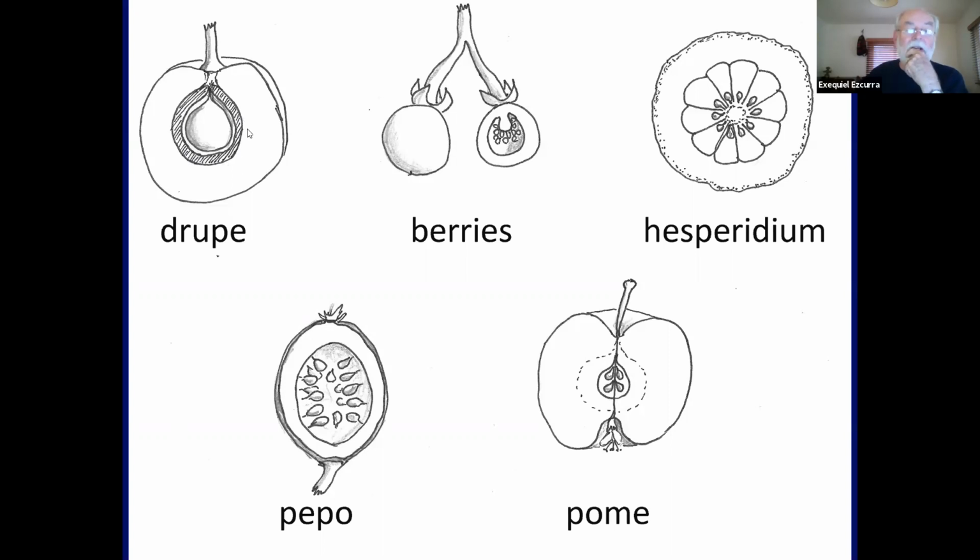Have you ever, out of interest, broken the internal bony structure, what we call the bone of the fruit, in a peach, for example? You will see that inside it has the true fruit that looks very much like an almond, as a matter of fact, the true seed, sorry, with the two cotyledons and the embryo.